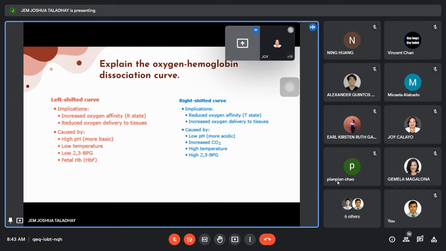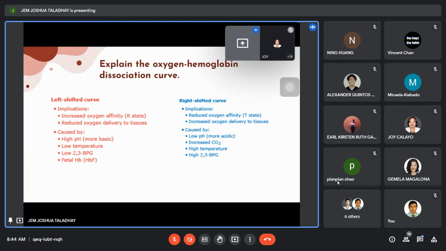While the left shifted curve is the opposite, so it increases oxygen affinity to the hemoglobin, which is the relaxed state or the R state, and as a consequence, there is reduced oxygen offloading to the tissues because the oxygen and the hemoglobin have high affinity.